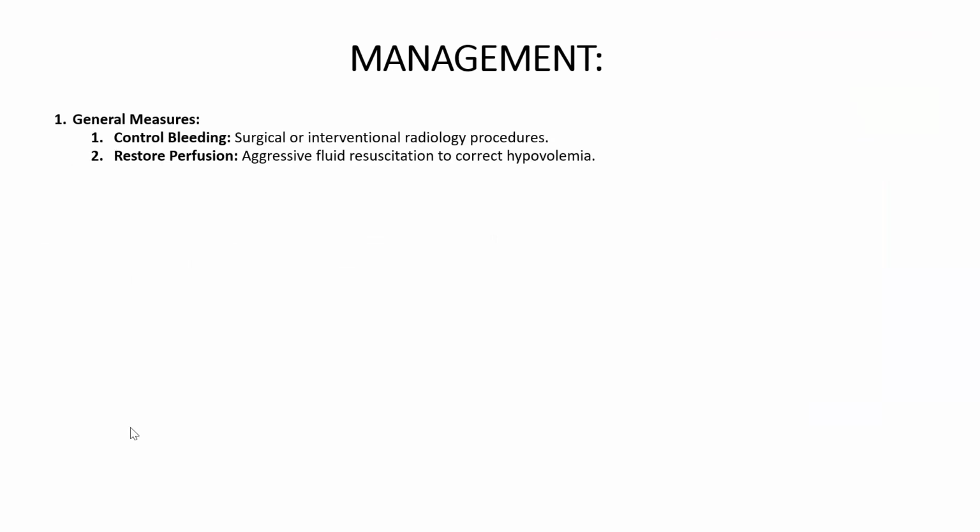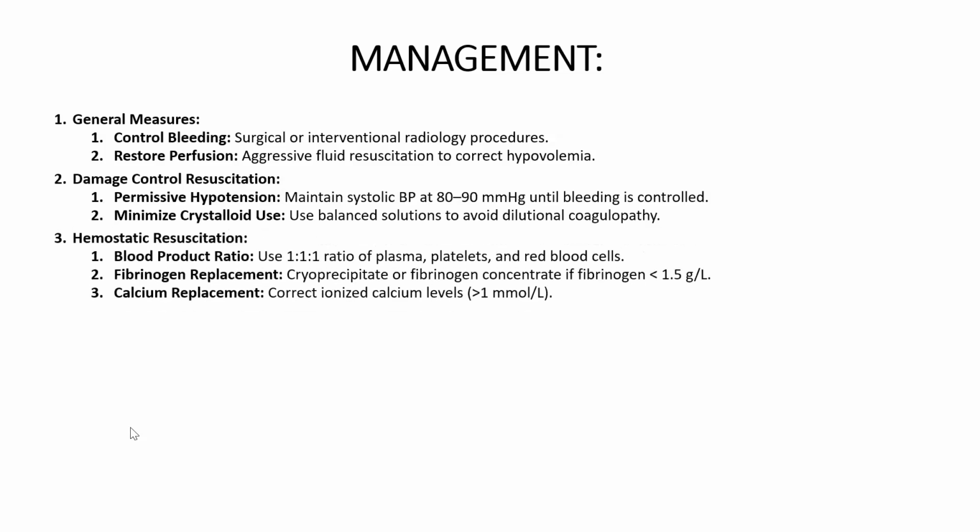I'll be discussing specific measures when I talk about damage control resuscitation in a later class. Damage control resuscitation usually involves two important tenets: permissive hypotension and minimal use of crystalloids, targeting a blood pressure of roughly 90 millimeters of mercury in patients who do not have traumatic brain injury.